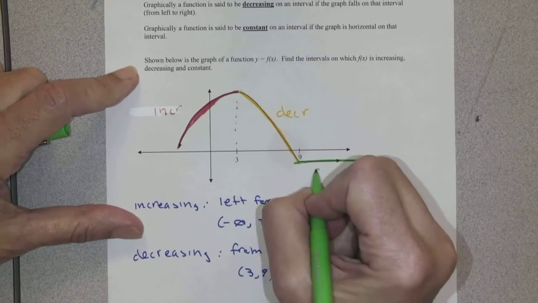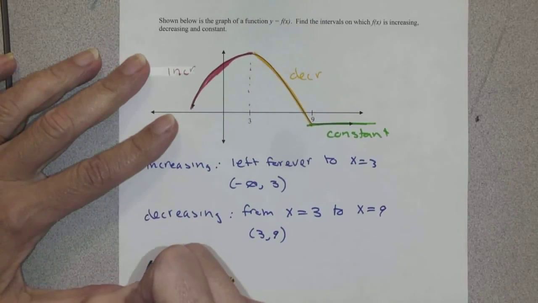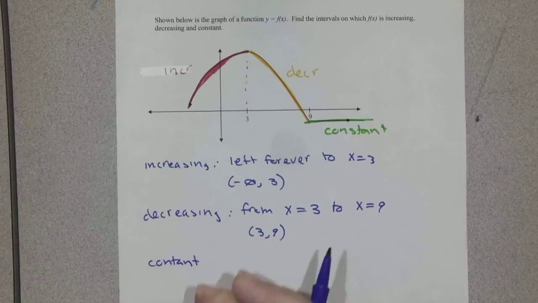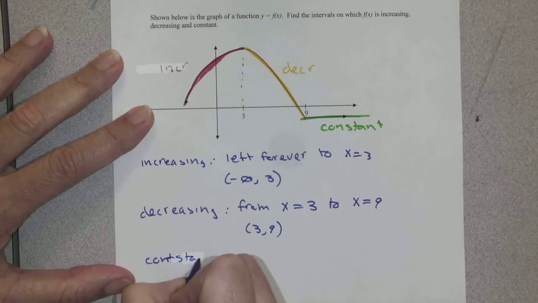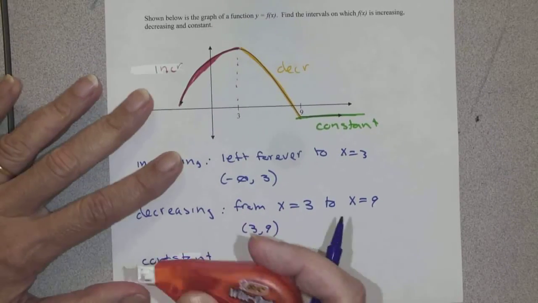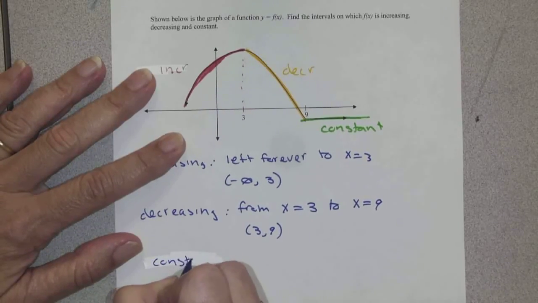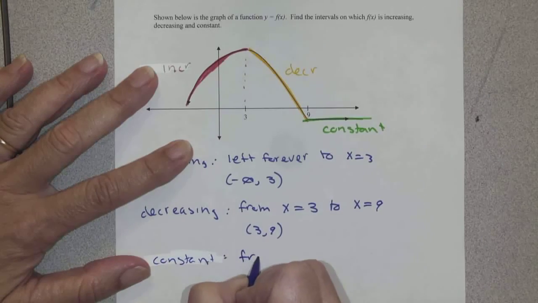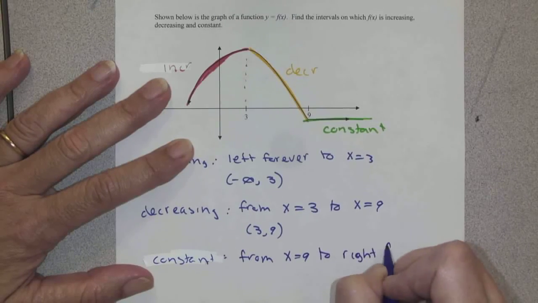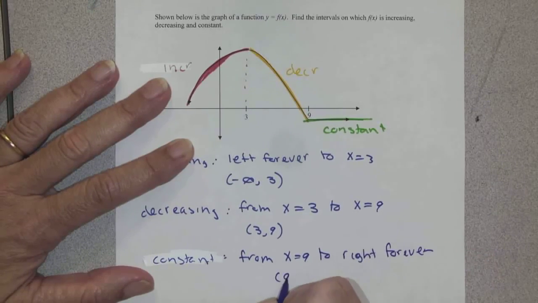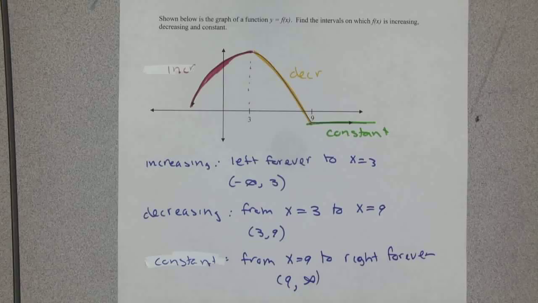And then lastly, we are constant, from x equal 9 to the right forever. And so that would be the interval 9 to infinity. So there's what we have: increasing, decreasing, constant.